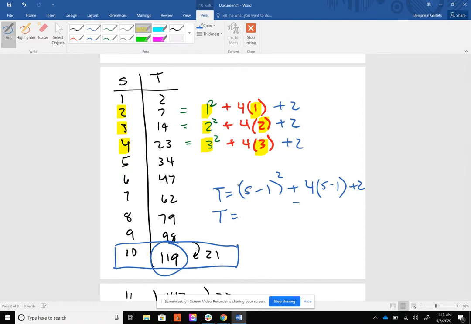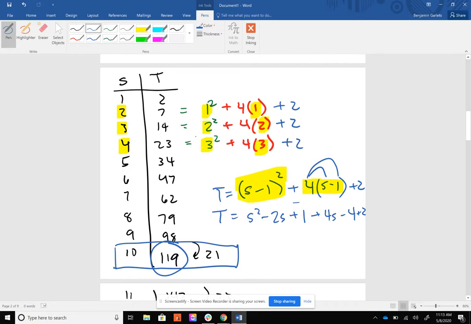I could also just use this, but let's evaluate this. This right here will FOIL, so s squared minus 2s plus 1. Then this we're going to distribute 4, so 4 times s, 4 times minus 1, and then add 2 in the end.